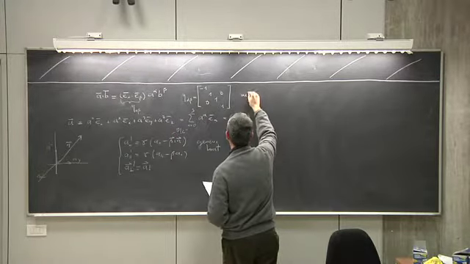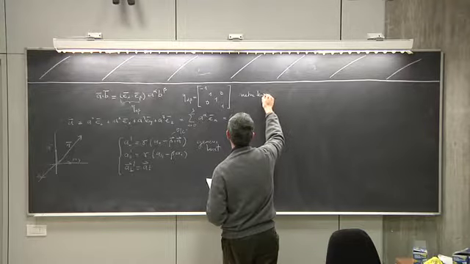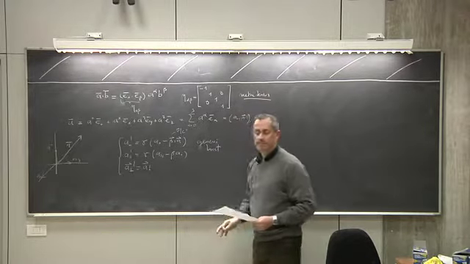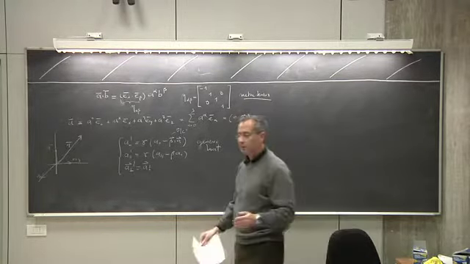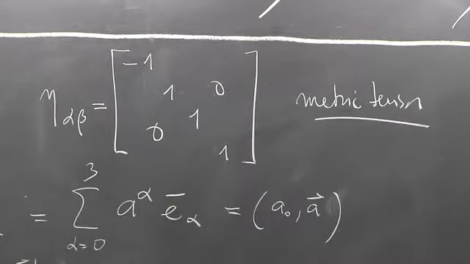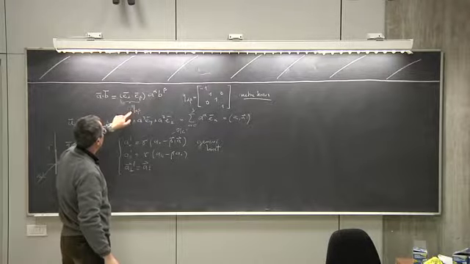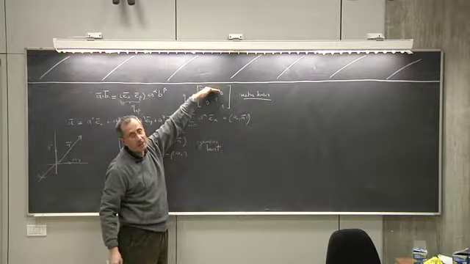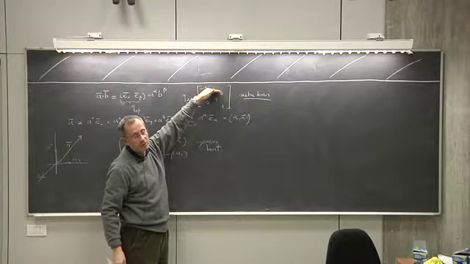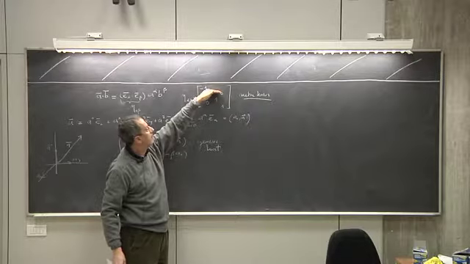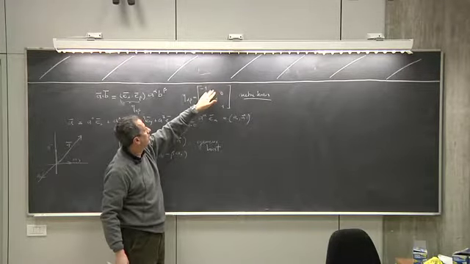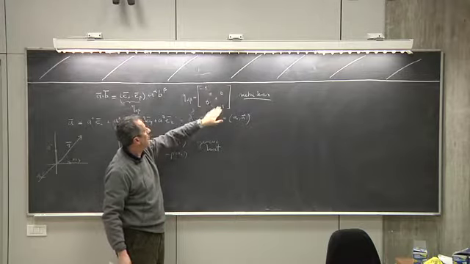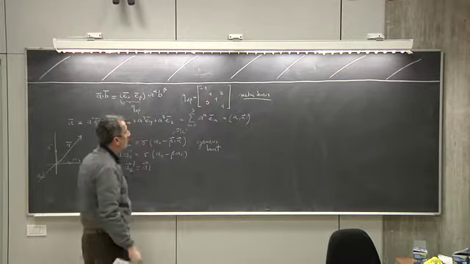So this is the metric tensor for this space. For three-dimensional vectors you could have done the same, but in that case this eta would have been just the identity, which you write as a Kronecker. But because of the Minkowski property of the space, this is not the identity, it has a -1 there.